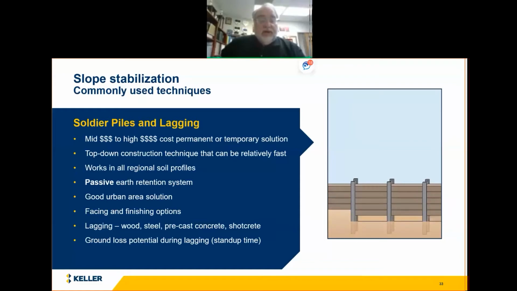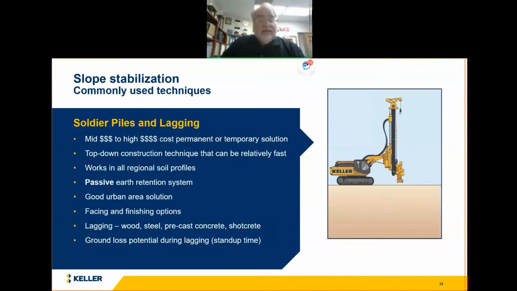You can shotcrete it in place. And this is a very popular solution. I'm sure you've seen it in a lot of different places. It could do about 10, 12, maybe 14 feet tall, something like that. It's a good solution in urban areas because you don't need any right of way behind the wall for a drilled anchor, etc. So this is a really good solution to use in many different cases.